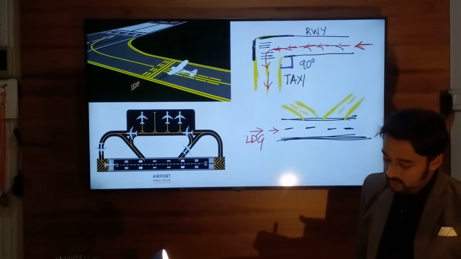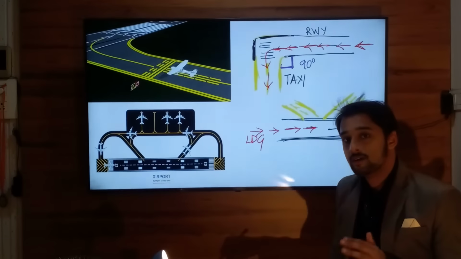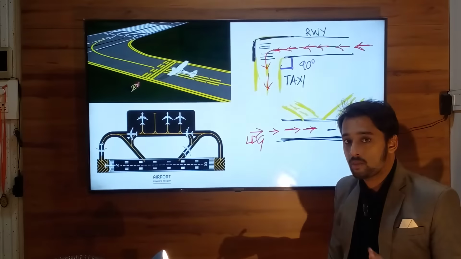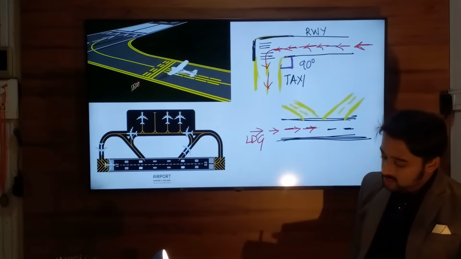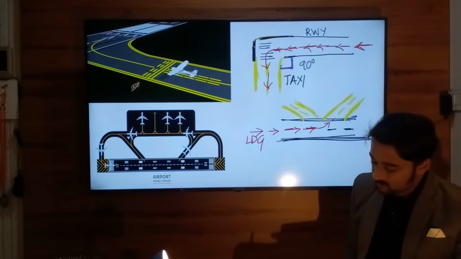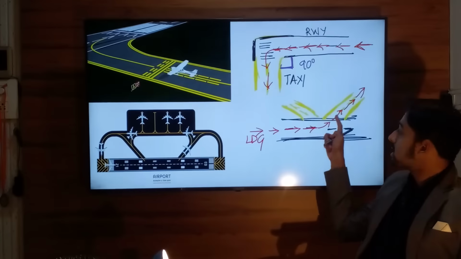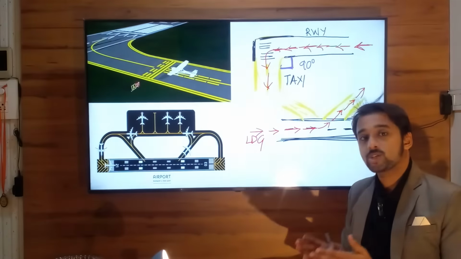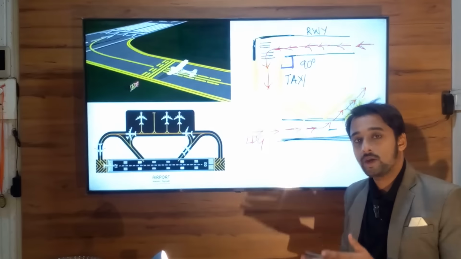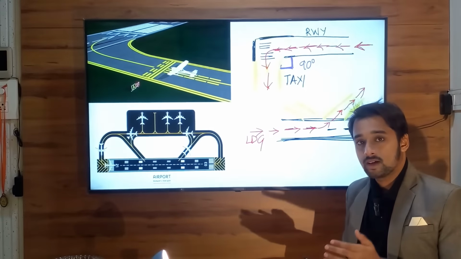You will land on the runway, and instead of bringing your aeroplane to a full stop or very minimum speed, you can keep the momentum of the aeroplane and just turn at a slight left angle and then exit from the runway on this particular taxiway. That will be much easier, to turn your aircraft with the momentum that it already has and then enter the next taxiway.